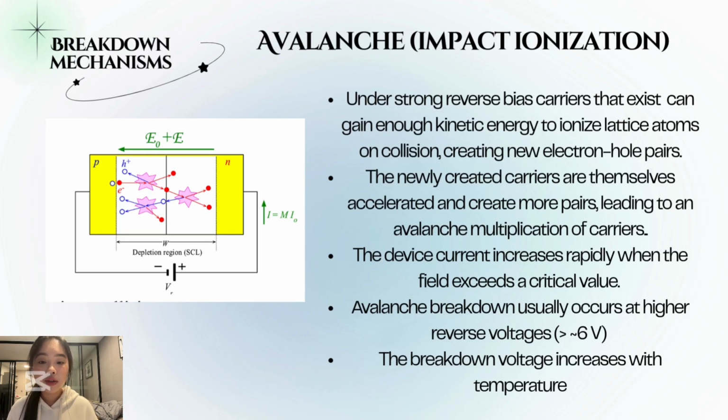The newly created carriers are themselves accelerated and create more pairs, leading to avalanche multiplication of carriers. The device current increases rapidly when the field exceeds a critical value. Avalanche breakdown usually occurs at higher reverse voltage, more than 6 volts, and the breakdown voltage increases with temperature.